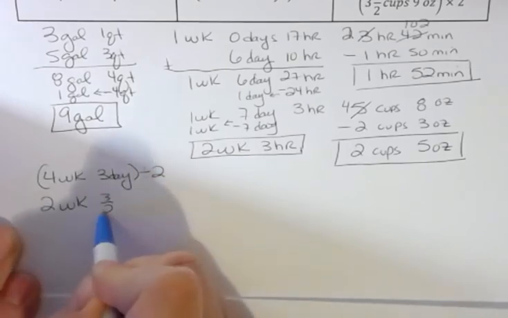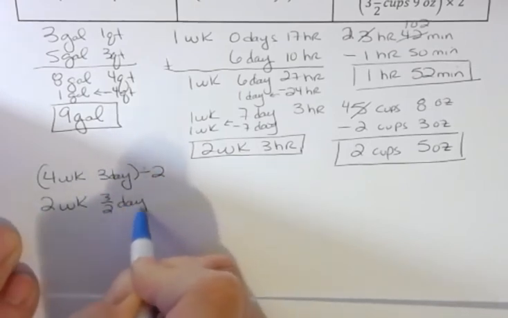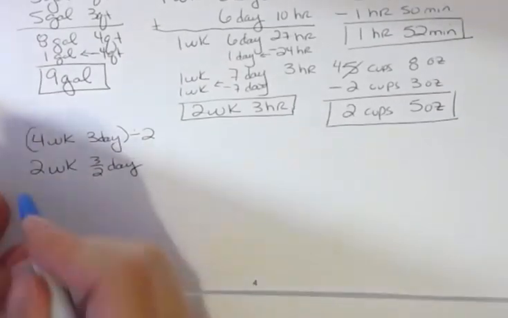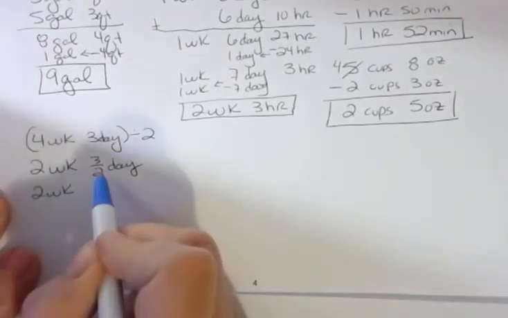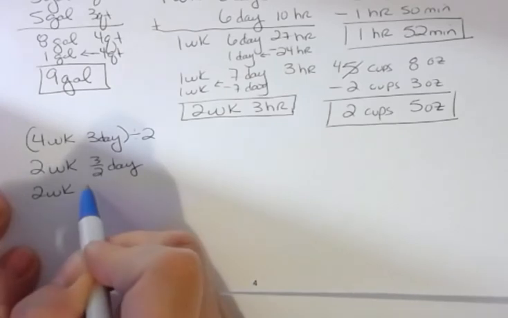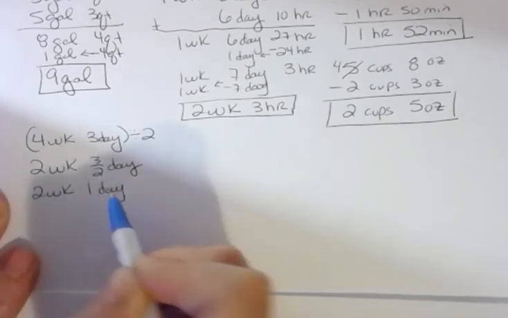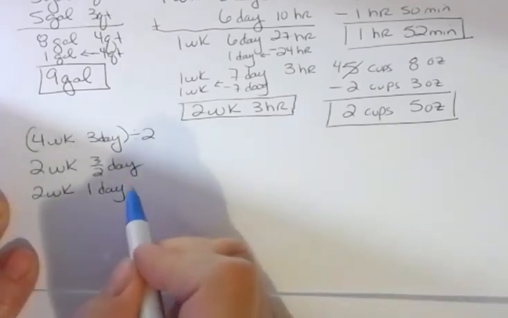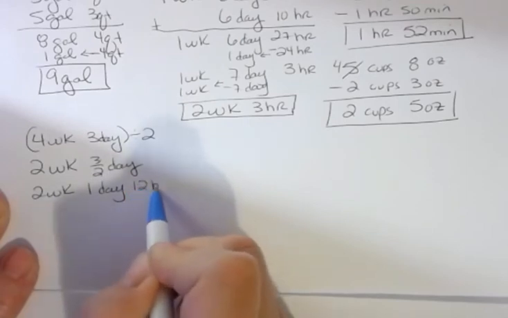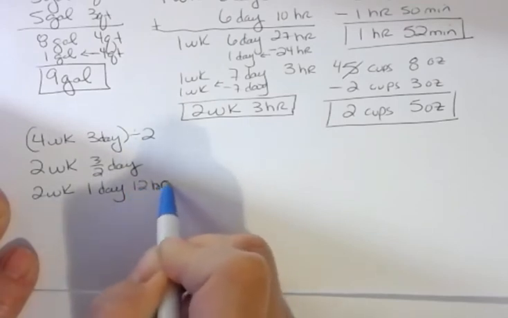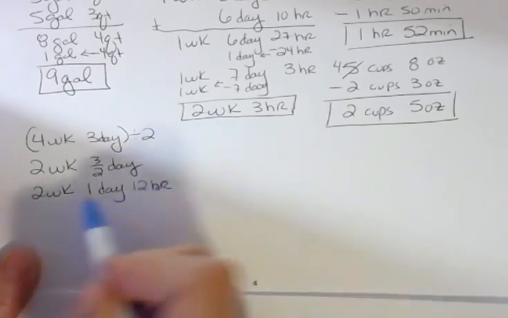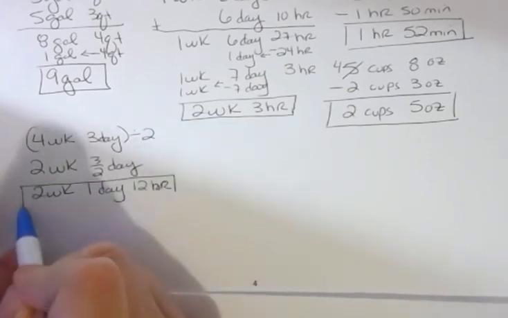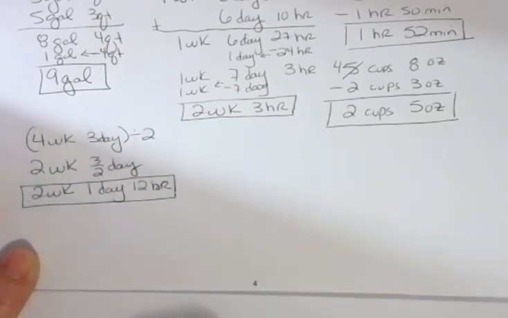I'm going to get 3 halves of a day. Well, what does that look like? I still have my 2 weeks. 2 goes into 3 one time, so I have 1 day, and then I have a half a day. How many hours is half a day? It's 12 hours. So I could say 1.5 days, or I could take that half and make it into hours, which is what I'm doing there.